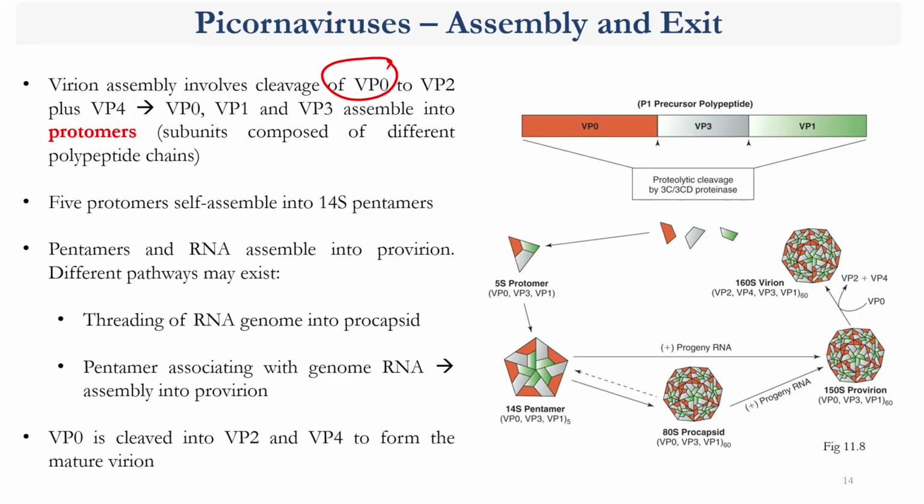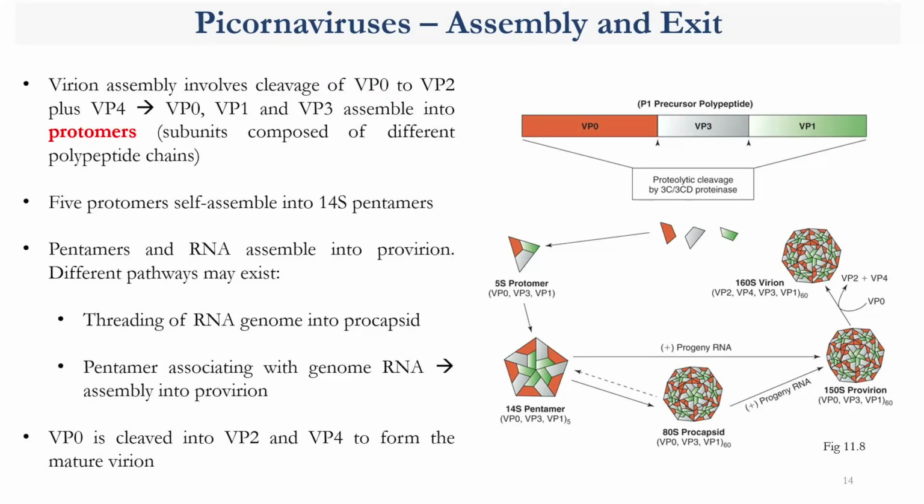So here's your VP0, VP3, and VP1 here. Now, this needs to be cleaved, and this is cleaved by a specific proteinase. It's called a 3C or 3CD proteinase. So again, if you go back to the genome and look at where these proteins are, you should be able to identify which of these fragments encode for a proteinase.